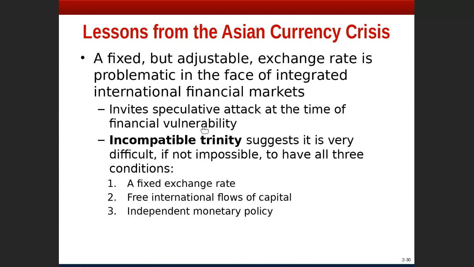Now, the incompatible trinity suggests that it is very difficult, if not impossible, to have all three conditions. That is, a fixed exchange rate, free international flows of capital, and independent monetary policy. These three are difficult to coexist at the same time.